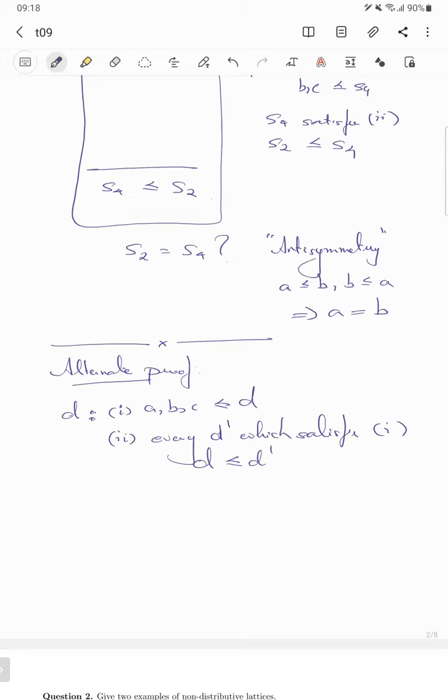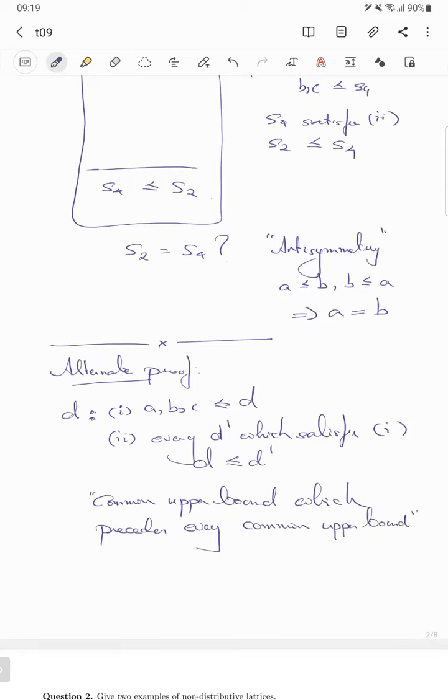A common upper bound which precedes any other common upper bound. I needn't say every other, because D will precede D, since it's a reflexive relation.